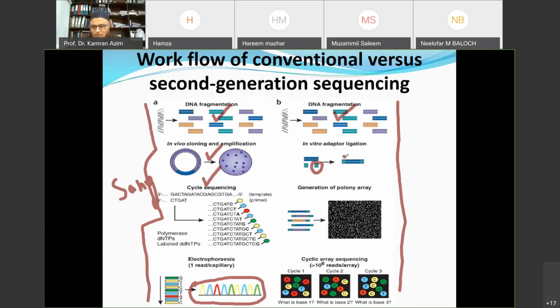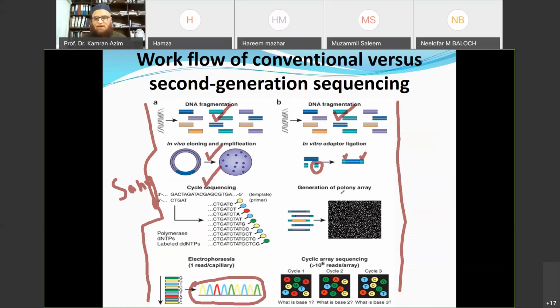You see that on both sides of the fragmented DNA from the genomic DNA, the adapter molecules are attached. We know the sequence of these artificially synthesized adapters, and their length is 8 to 10 to 12 base pairs, double-stranded DNA.